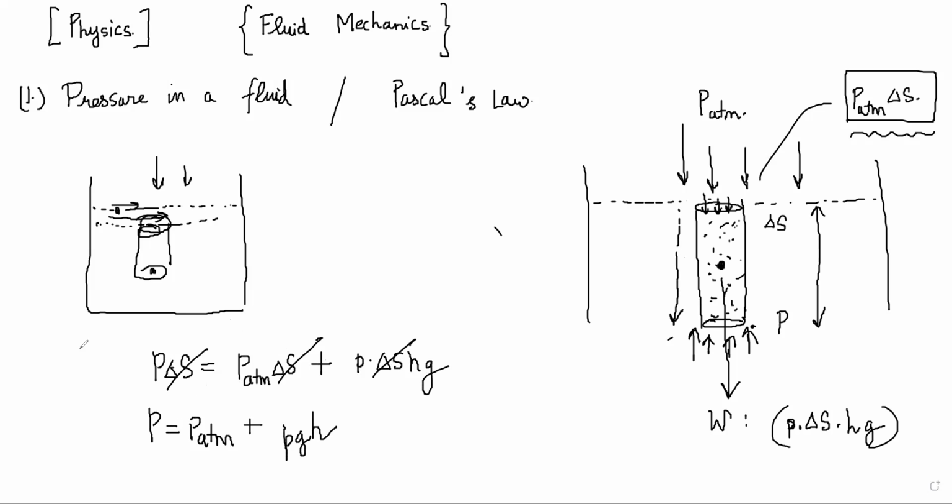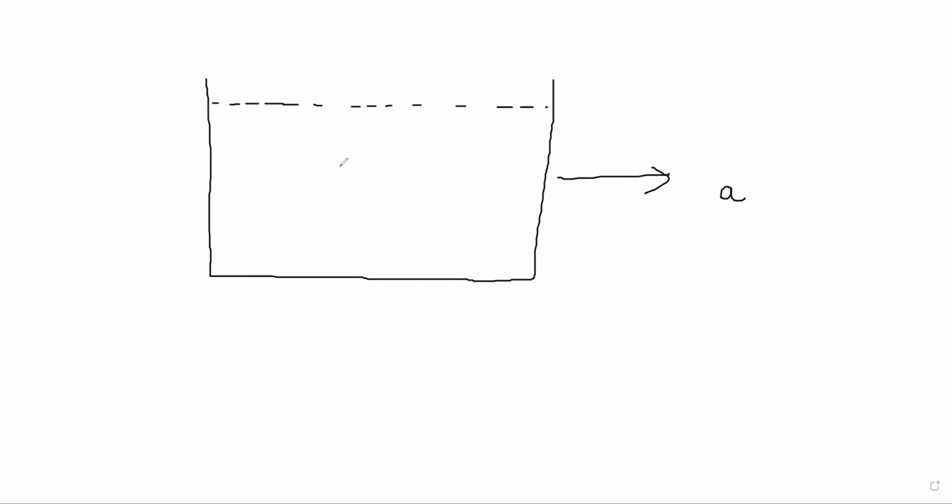Sometimes what happens is there are situations where there is an accelerating fluid column, right? You can have a container of fluid that is moving this side with acceleration a, right? Now, what will happen in this situation is that if you take a horizontal column of fluid, pressure here will be like this, and pressure here will be like this.